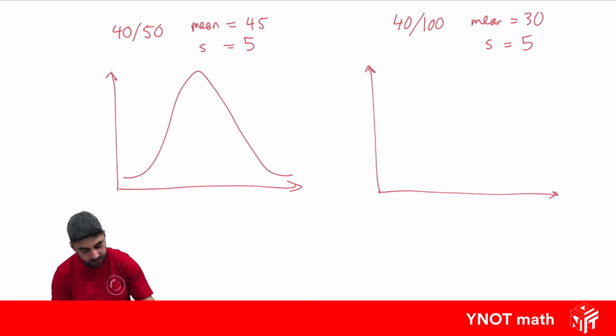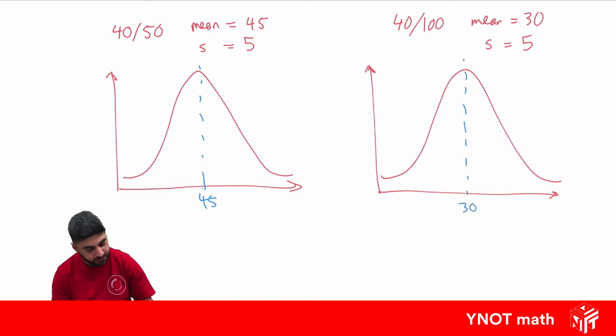Which test do you think performed better in? 40 out of 50 or 40 out of 100? So in this one, the mean is 45, and in this one, the mean was actually 30. If you got 40 out of 50 in this one, that's actually below the mean by 1 standard deviation, which means you got a z-score of -1.